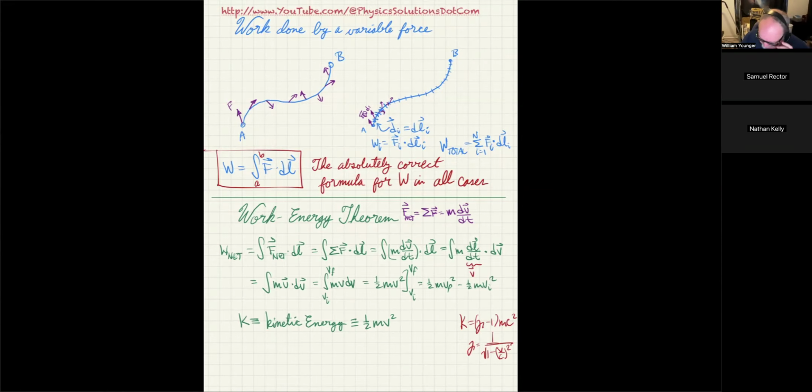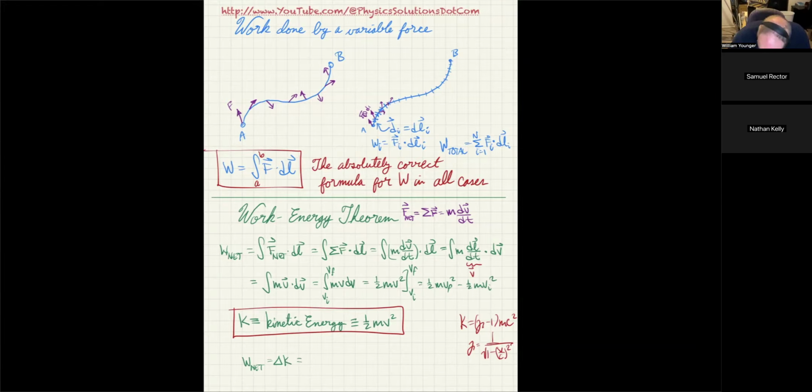If we were doing relativity, you'd have to use that K, but in this case we use this K. So we've given you the definition of kinetic energy, and we've derived the work energy theorem, which says that W net is equal to the change in kinetic energy, where the delta symbol always means final minus initial.